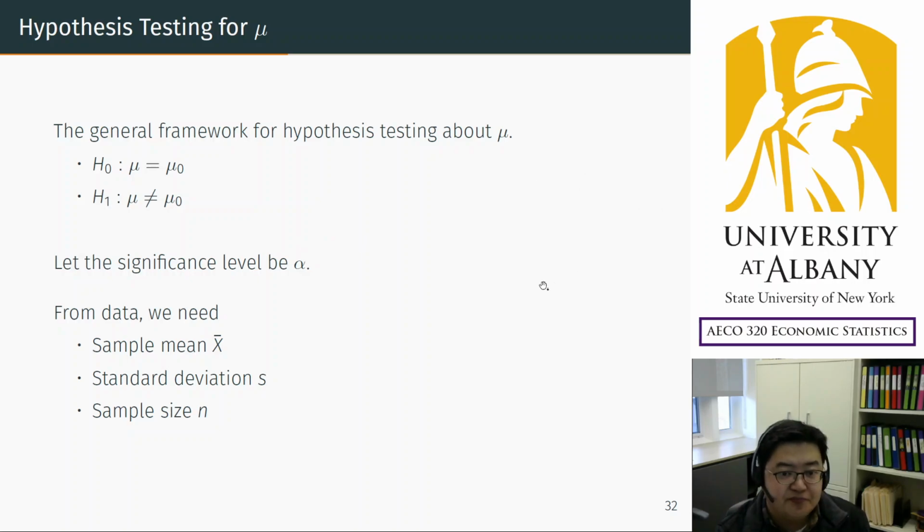It's your choice. And from the data, you need to calculate the sample average, standard deviation, and sample size n. Exactly the same guys as we used in the confidence interval, right? So almost always you get them and you know how to calculate them, right? Then you are ready. So these are all you need.